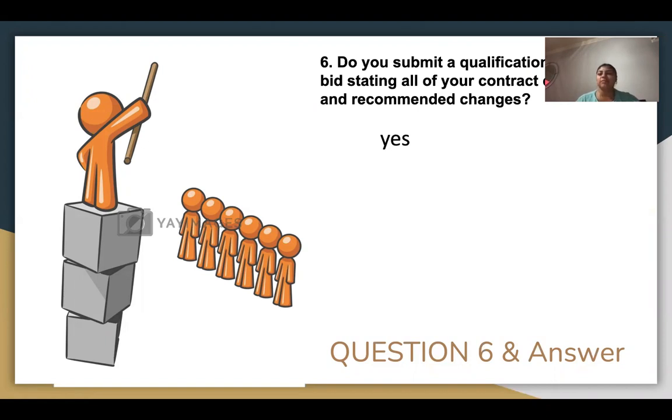Why wouldn't you submit it, right? And then for your concerns, what was the second part? And if you're going to recommend changes, you got to also speak up with the concerns since the very beginning. So I said yes to basically all of it.